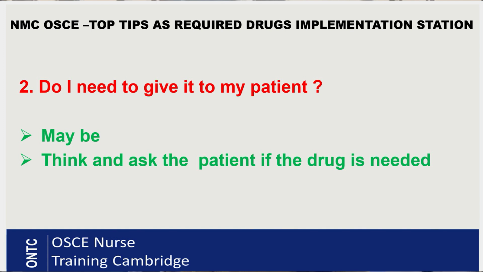Normally, as required medications are things like analgesia or antiemetics, or maybe lactulose for constipation. There may be a regular medication for analgesia as well, a regular paracetamol, and then the patient may be prescribed ibuprofen or codeine phosphate as required.